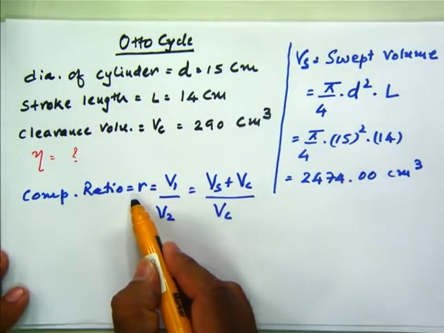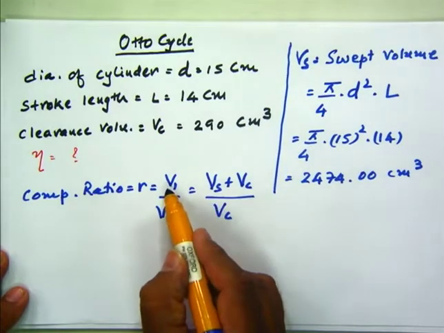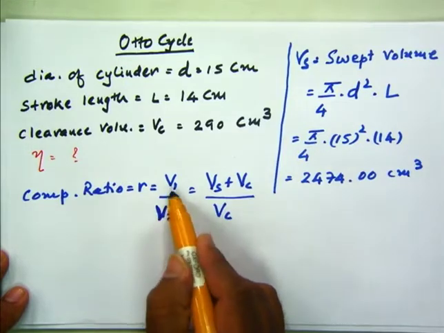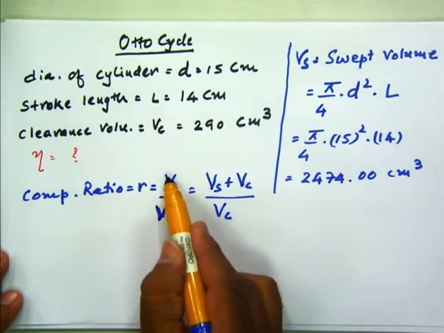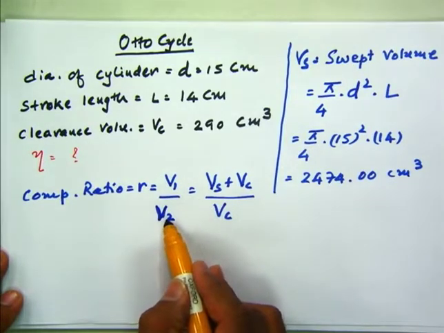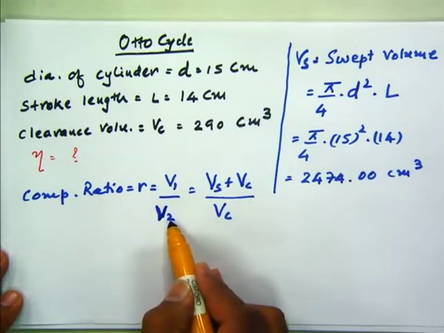Compression ratio R is equal to V1 upon V2, the initial volume to the volume after the compression process. What is V1? It is the volume at the beginning of the cycle. What is V2? It is the volume at the end of the compression, after process 1 to 2 where compression action takes place.